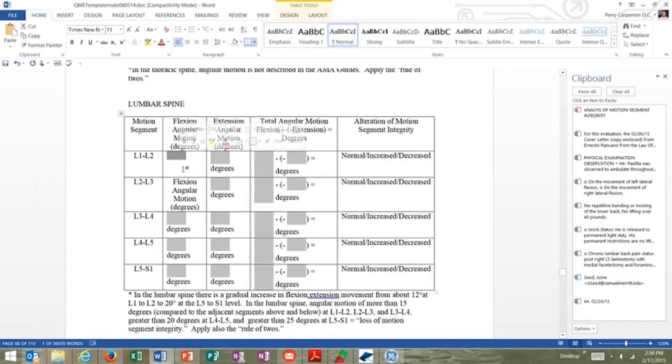At L1, L2, we found that on the flexion radiograph, we had an intersegmental angle of 3.9 degrees with a positive sign. On the extension angular motion measurement, we had a measurement of minus 9.6 degrees.